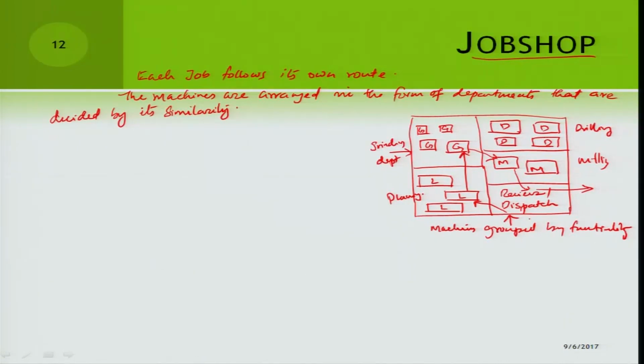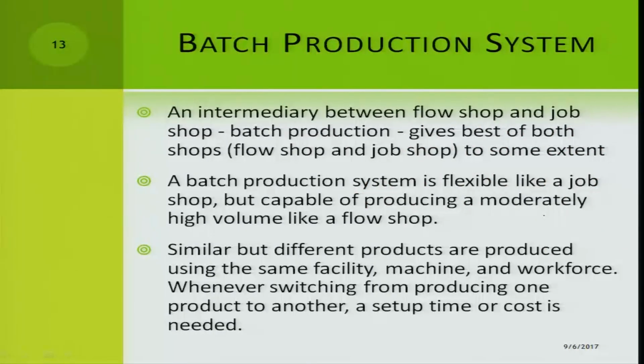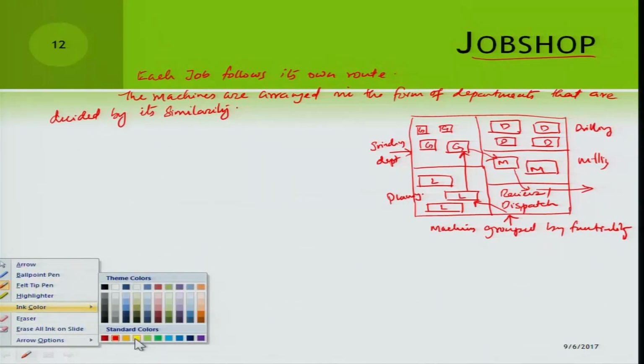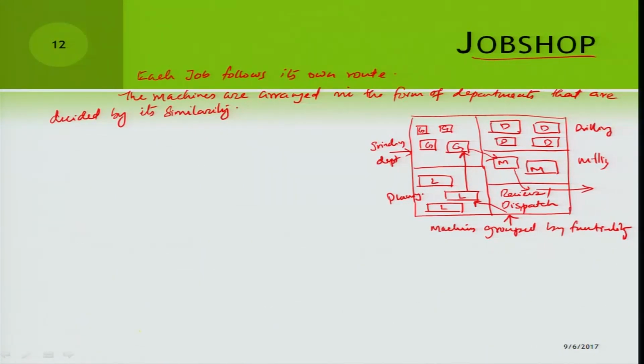Another part will come in, and we will use a different color for this so that it can be seen differently. So another part will come here, and then it will go to another lathe machine.